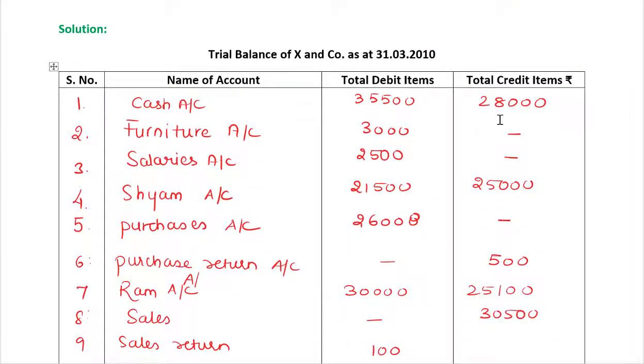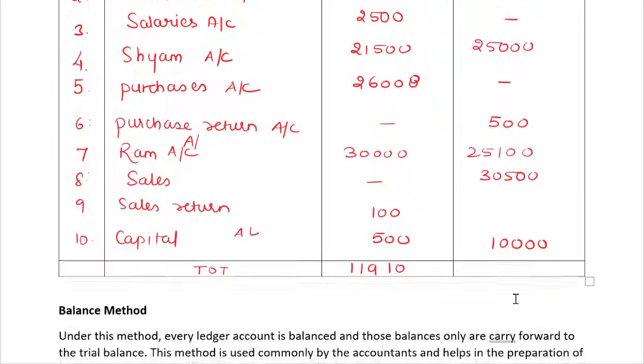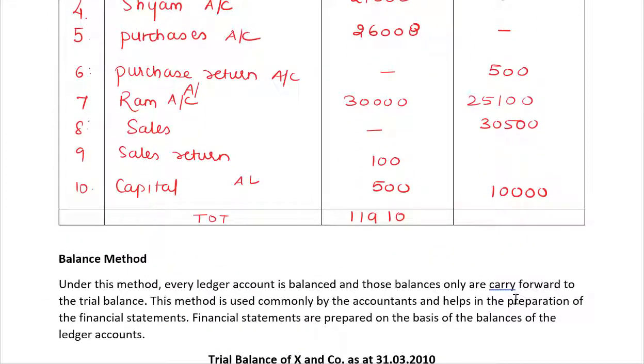Just cross-check on the credit items. 28,000 plus 25,000 plus 500 plus 25,100 plus 30,500 plus 10,000. So it tallies. It tallied well.